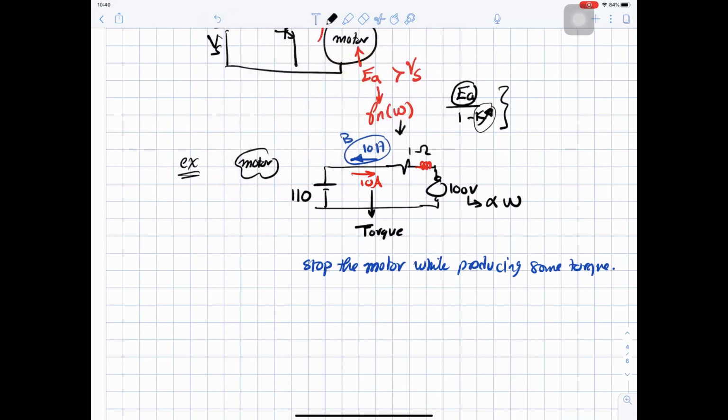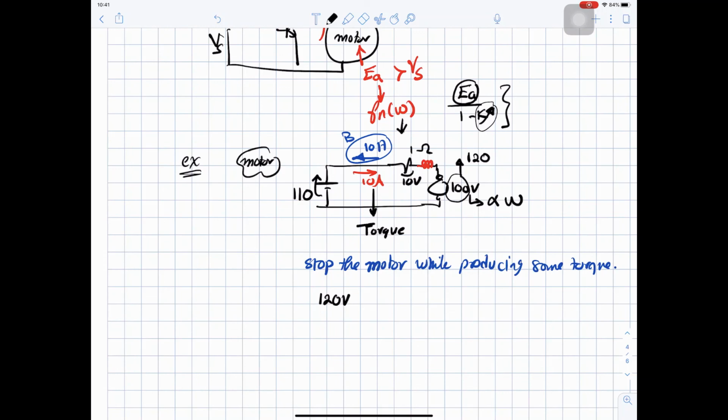And this means that you need to increase this voltage from 100 to 120. So we need the back EMF of the machine to be 120 volt. Why 120 volt? Because there is a 10 volt drop across the resistance, and this 10 volt will be added to 110, so this E should be 120.